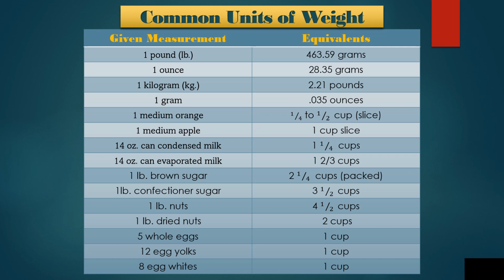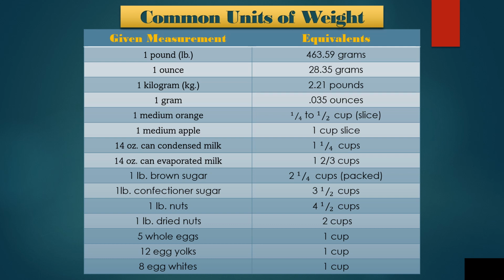And then 1 medium apple is equivalent to 1 cup slice. And then 14 OZ can condensed milk is equivalent to 1 and 1/4 cups. And then 14 OZ can evaporated milk is equivalent to 1 and 2/3 cups. Okay, next. Okay, so 1 pound brown sugar is equivalent to 2 and 1/4 cups pack.